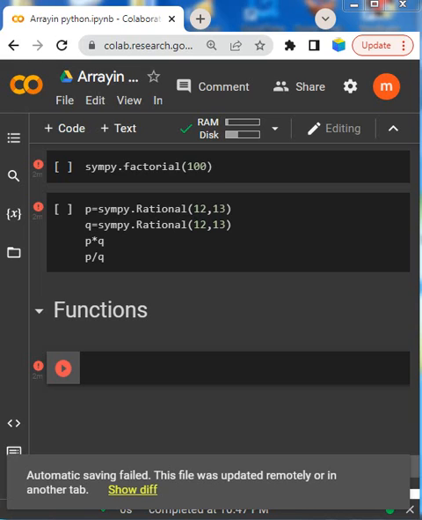If you write x as a symbol, another is y, and third is z.